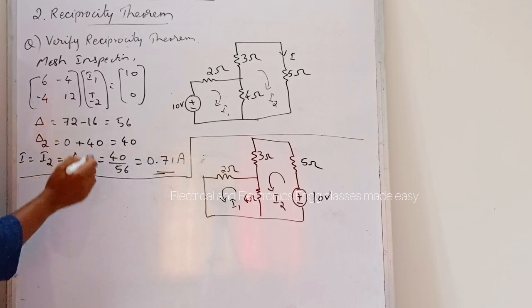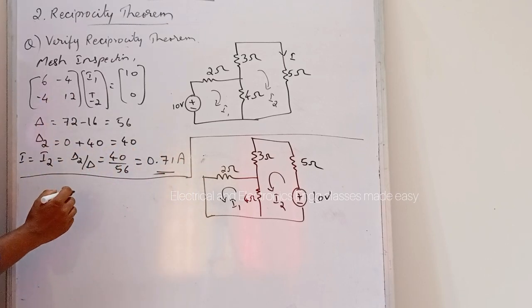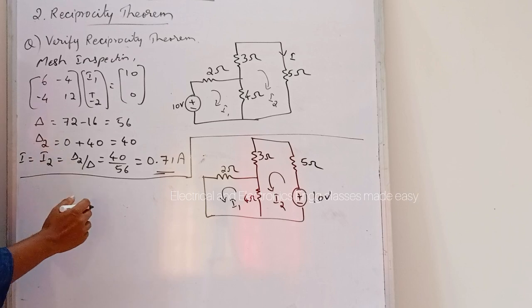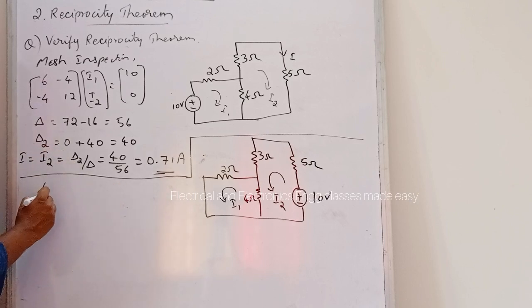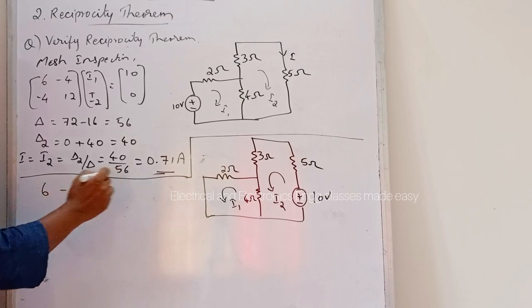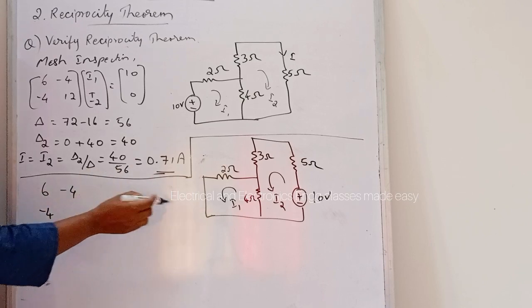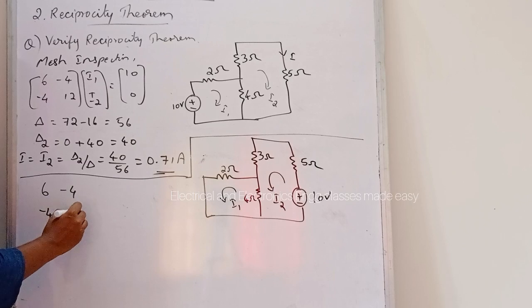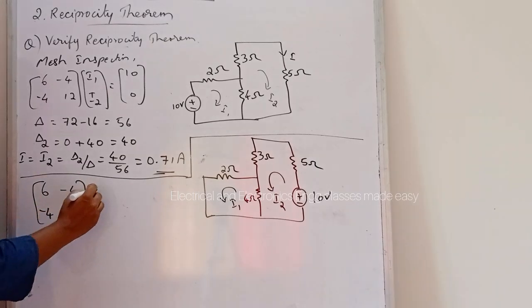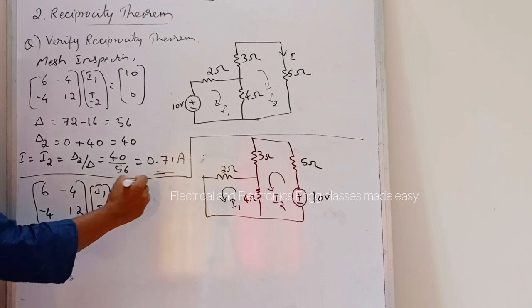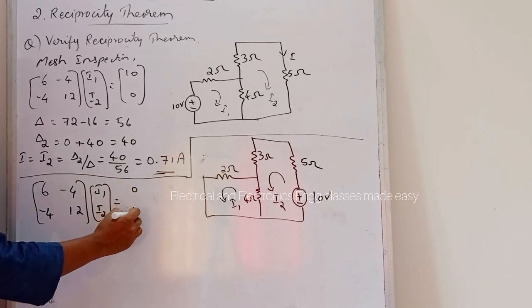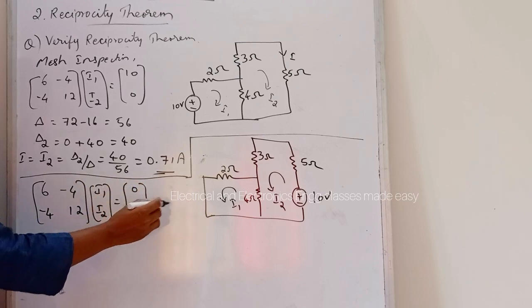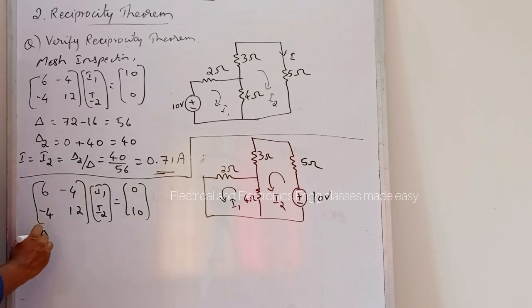So for that, by mesh analysis by inspection method, we can write here self resistance is 6, then minus 4, here also minus 4, then here 12, into I1, I2 equal to here 0, then 10. Now we can find the value of delta and delta 1.